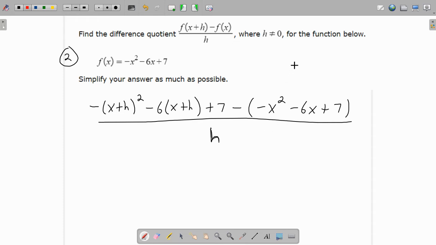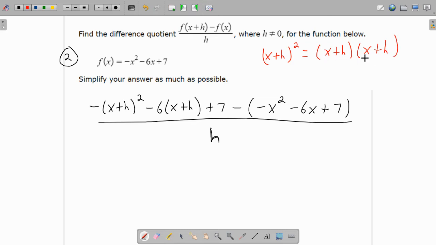To help you out, always, always, always, with this x plus h squared, notice the negative goes on the outside. x plus h goes in for x, so it's negative x plus h squared. All the time, x plus h squared is x plus h times x plus h.